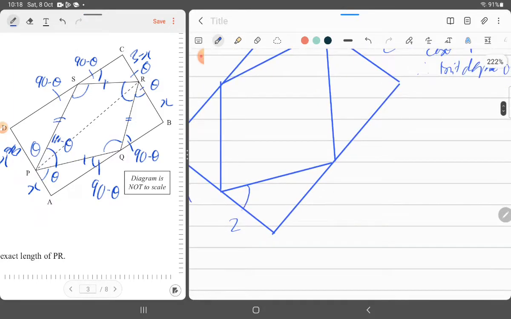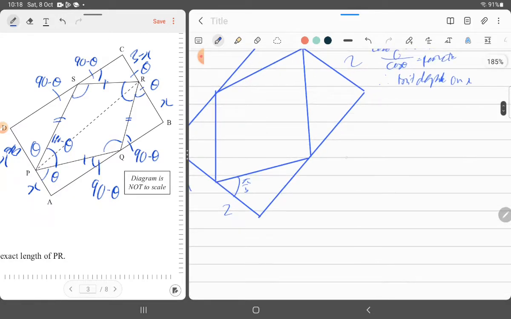Then this is pi over 3, which is 30. Wait, no, that's 60. We can just use tan theta is equal to opposite over adjacent.